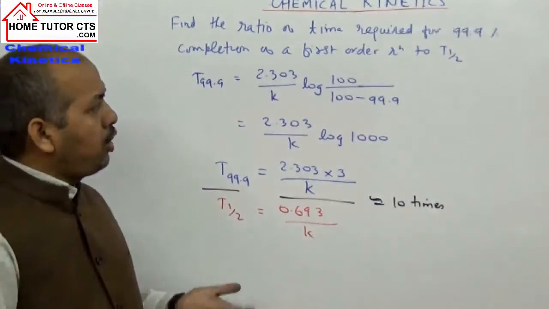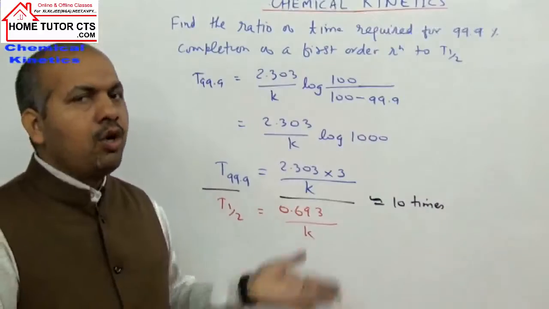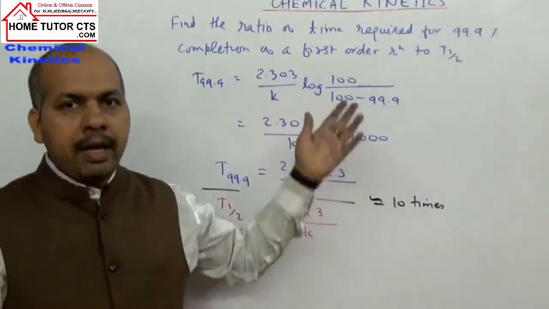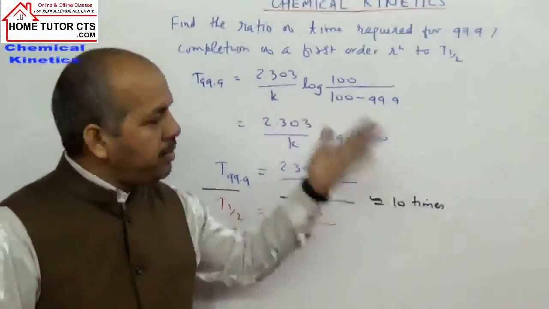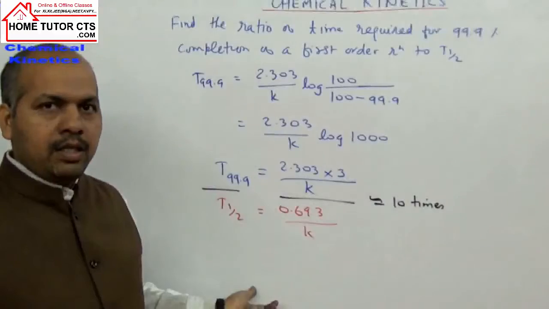So in questions they can use different terms: time required for 90% reaction completion to T half, or time required for 75% completion, 99.99% completion, or 99% completion. In such questions you can approach similarly.